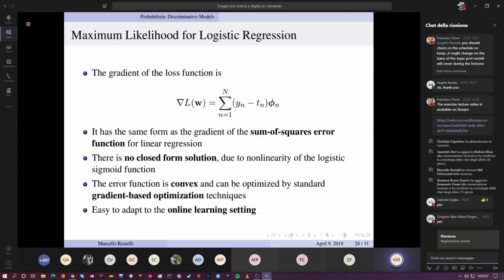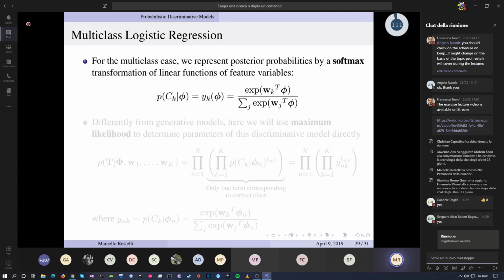If you want to apply logistic regression in a problem where you have not only two classes but multiple classes, you can use a generalization of the logistic function, the softmax function. You see the softmax function in the equation. Here you see how you can express the conditional probability of observing class K given the vector of features phi.